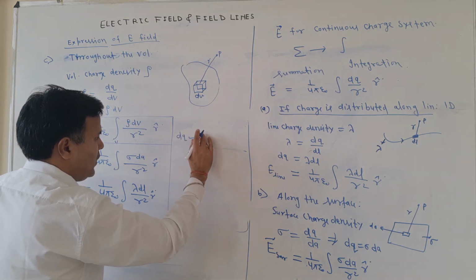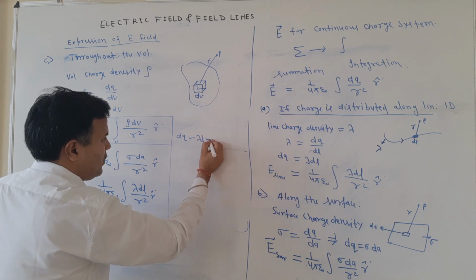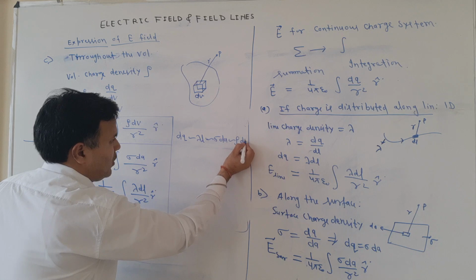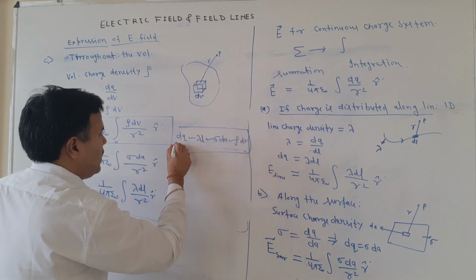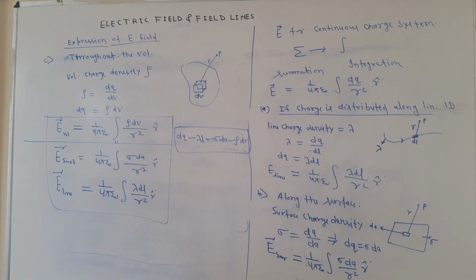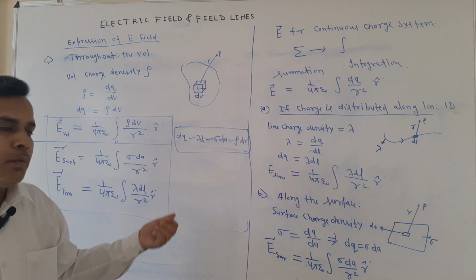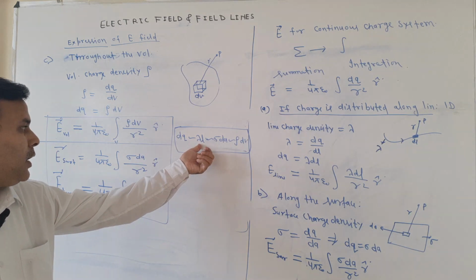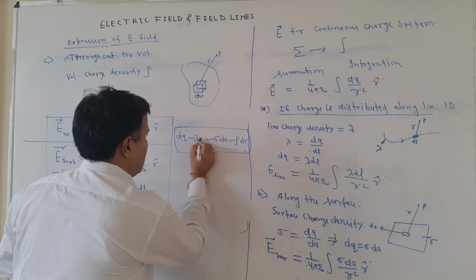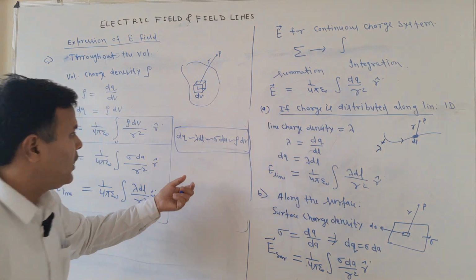So we have three different profiles of electric field, and we can correlate: this dq is lambda dl, this dq is sigma dA, this dq is rho dV. This is a very important parameter, and this will tell us the actual distribution of charge. If the charge is distributed along a line, then dq is lambda dl, where dl is the length element.